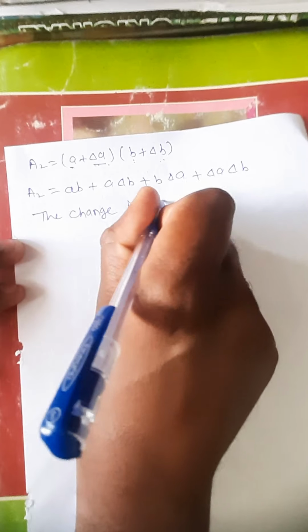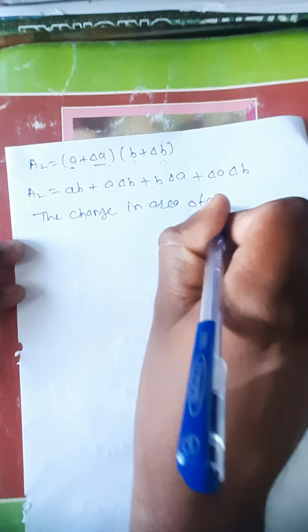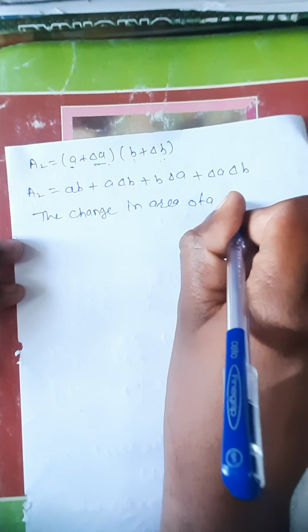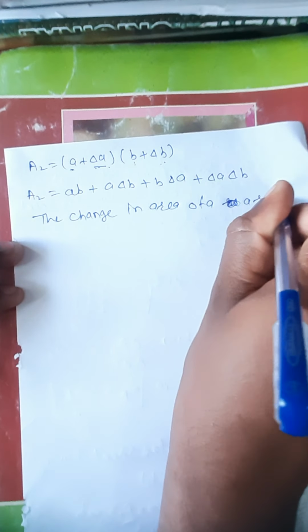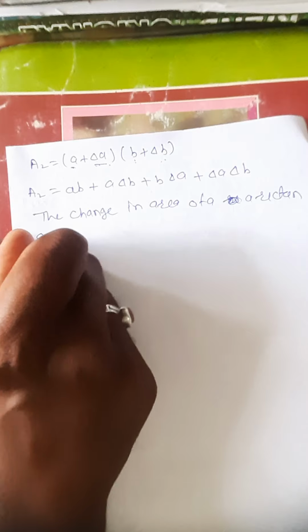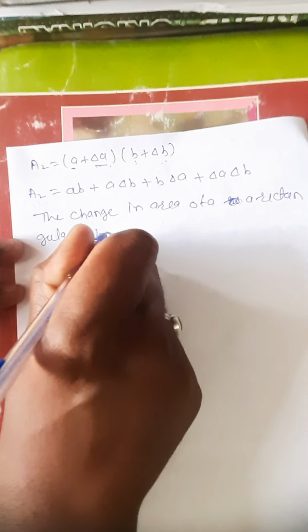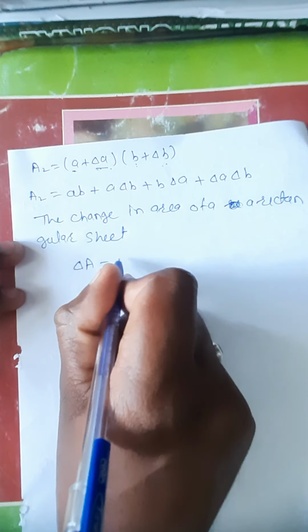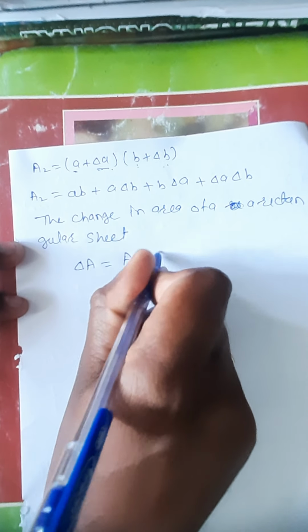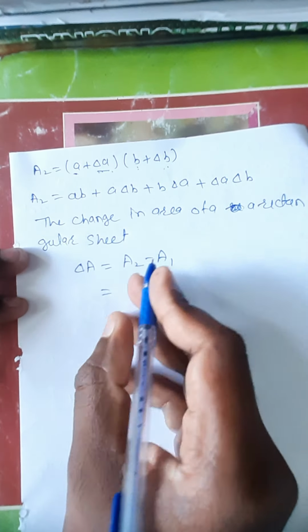Then the change in area of the rectangular sheet. Delta A is equal to final area minus initial area. What is the final area?